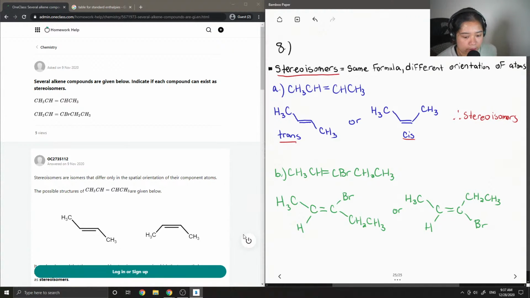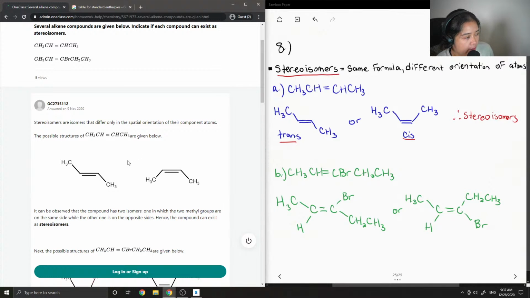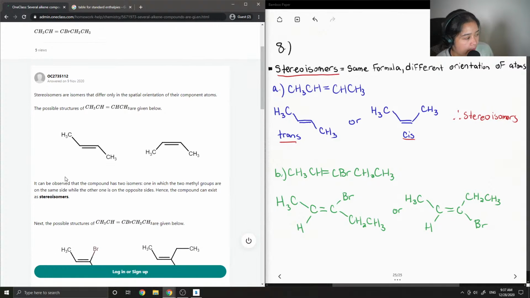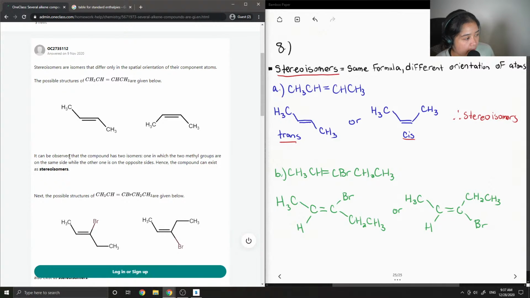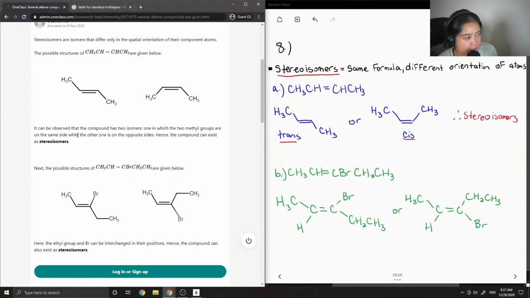Okay, so let's see what the junior tutor said. Stereoisomers are isomers that differ only in the spatial orientation of their component atoms. Possible structures are shown below. Okay, so they drew the same kind of products. It can be observed that the compound has two isomers, one in which the two methyl groups are on the same side, while the other one is on the opposite sides. Hence, the compound can exist as stereoisomers.